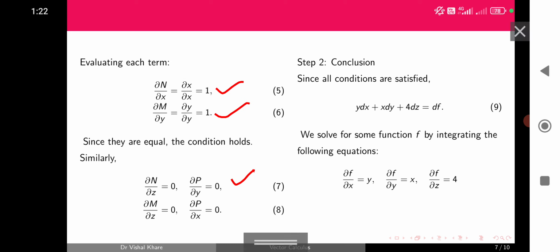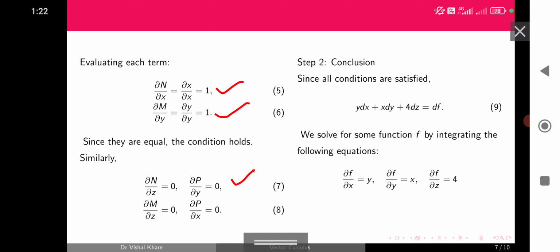From the first equation, we get f is equal to xy plus g(y,z). The second equation tells us, when we find the partial derivative of f with respect to y, ∂f/∂y is equal to x plus ∂g/∂y, and ∂g/∂y is equal to 0.